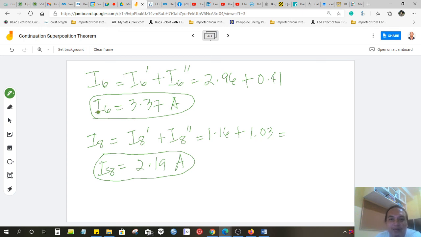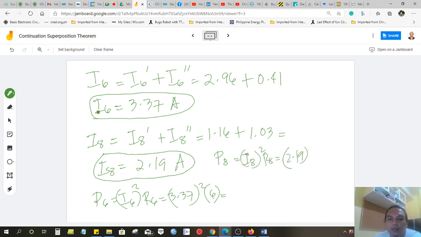So, we can get the value of P6, the power at 6 ohm. Power at 6 ohm is equal to I6 squared times the resistance 6 ohm, which is 3.37 squared times 6, the same as the previous answer. Then P8 is equal to I8 squared times R8, or 2.19 squared times 8.